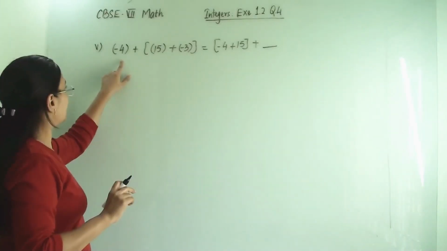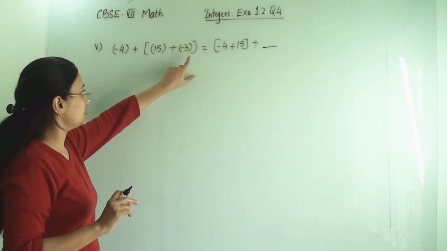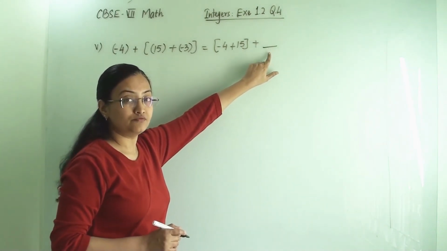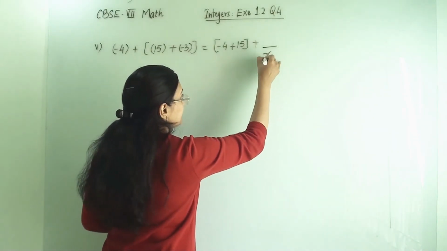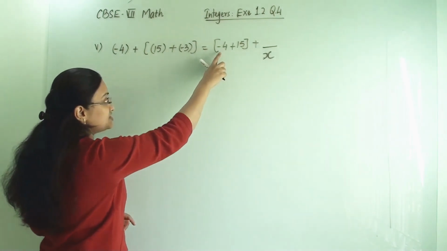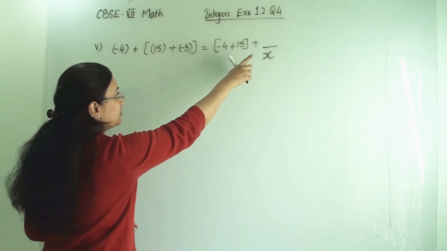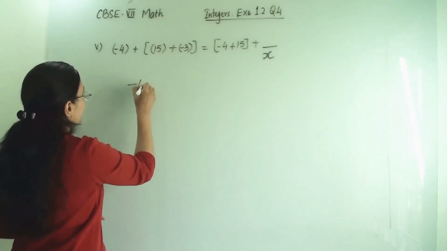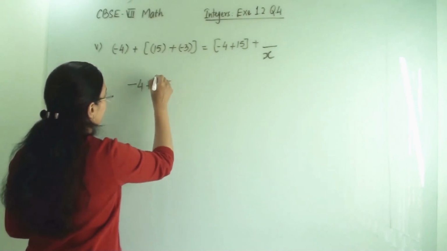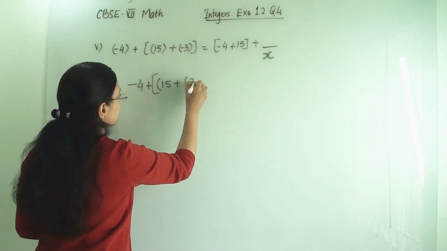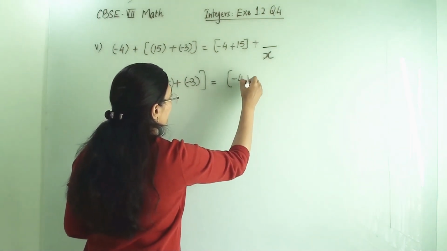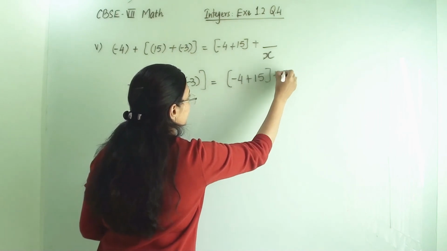Fifth question. Minus 4 plus 15 plus minus 3 equals minus 4 plus 15 plus a blank. We have to find out which integer will come here. So let us guess this integer as x, because negative integers are also there. So we cannot directly write minus 3 there. We have to find out. So minus 4 plus 15 plus minus 3 equals minus 4 plus 15 plus x.